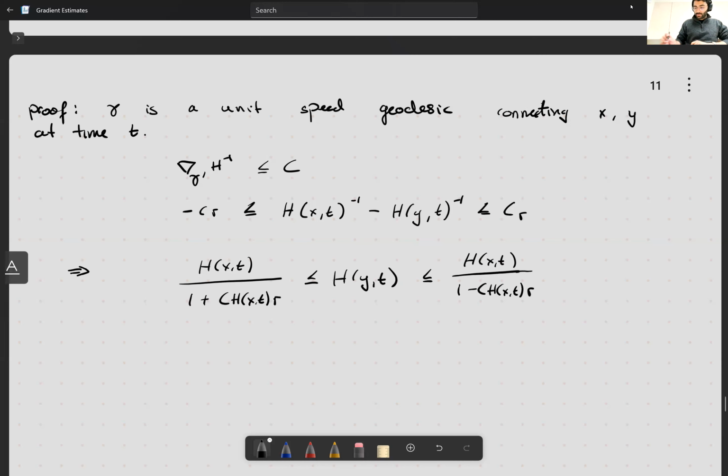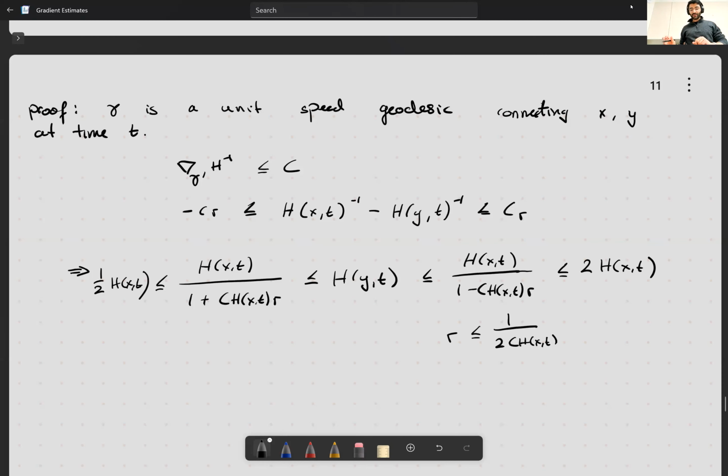It's almost in the form I wanted. If r is equal to 1 on C H(x,t) times 2, then I have 1 minus a half here and 1 plus a half there. So if r is less than or equal to this, then this is less than or equal to 2H(x,t), and this is at most 3 on 2, 2 on 3, so I can put a half here, which is even less.